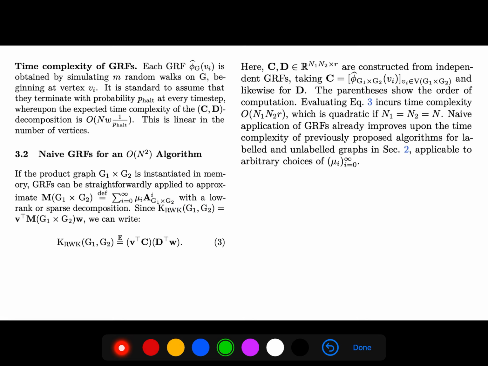The naive approach to calculate the graph random features is order of n squared. It's quadratic. C and D are constructed from independent graph random features. So we have quadratic complexity.